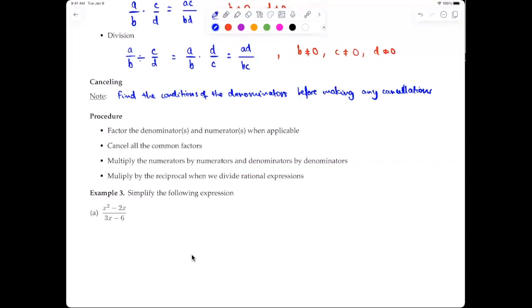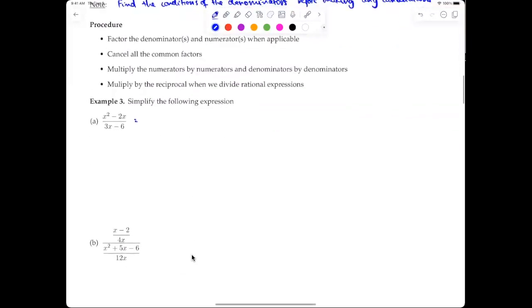Given these expressions, we're going to do a simple simplification that just finds the common factor on the numerator. So here's what you get. So x is the common factor on the numerator. You have x minus 2. And 3 is the common factor in the denominator.